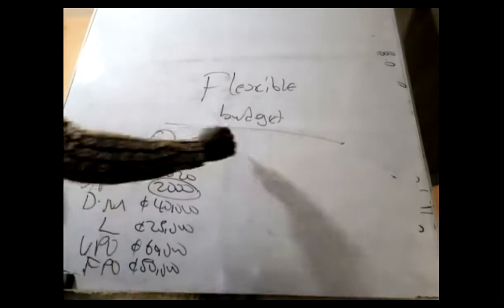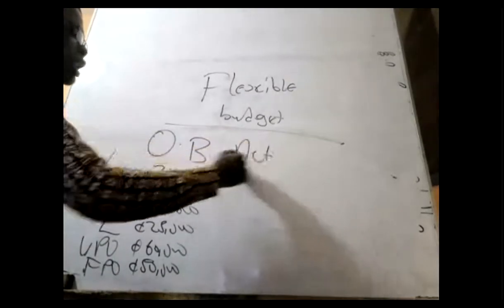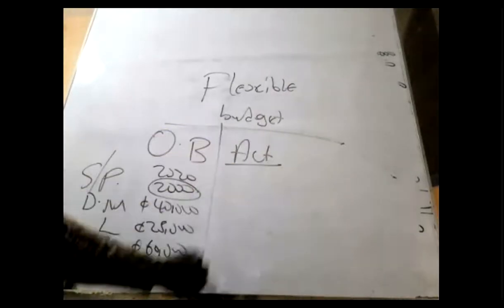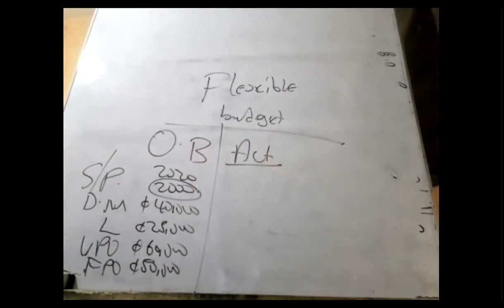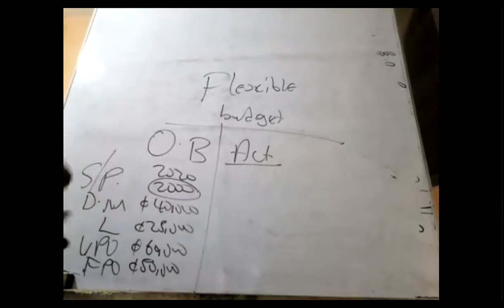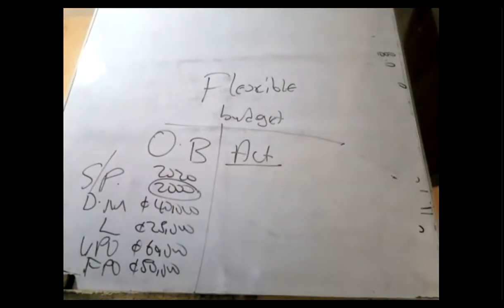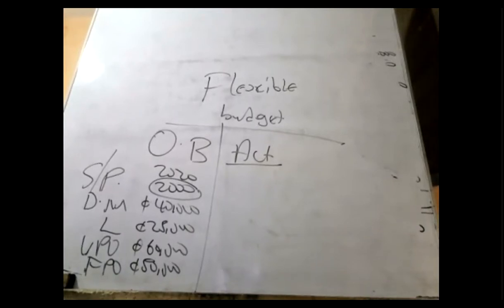Let's see the actual. Let's assume the actual situation in 2020, what happened? You prepared this budget in 2019, where there was no sign of what? COVID. Now, in 2020, the actual, assume that you produce food for, let's say, the hotels, and most of the hotels were shut down even before the entire lockdown.